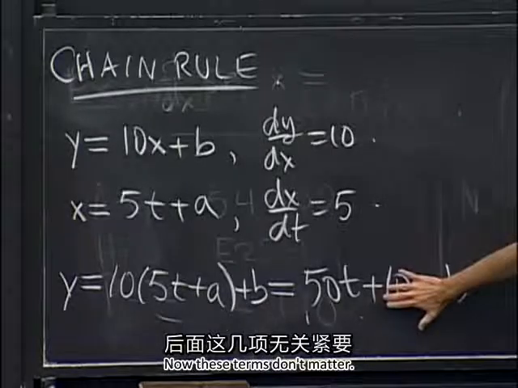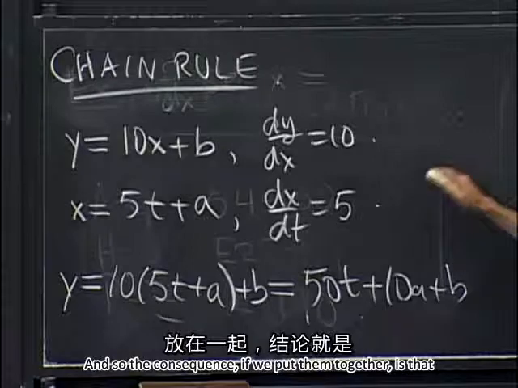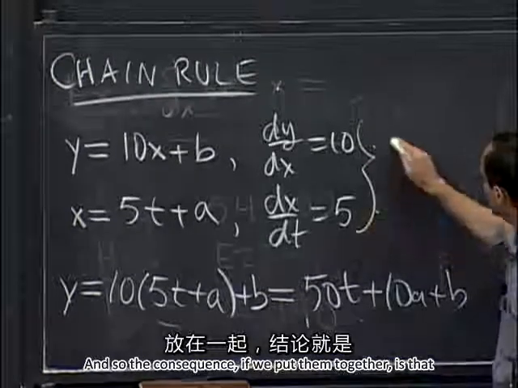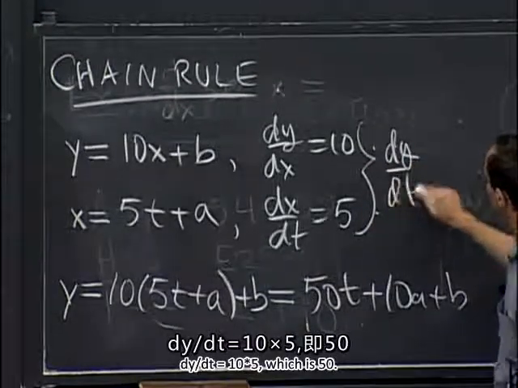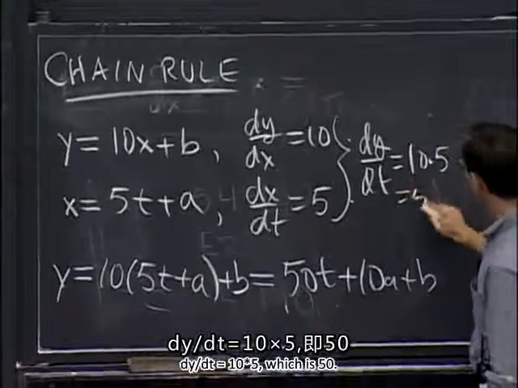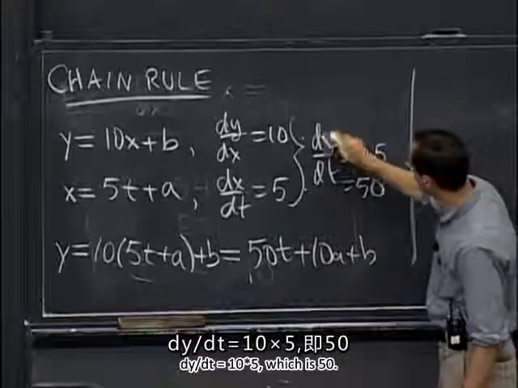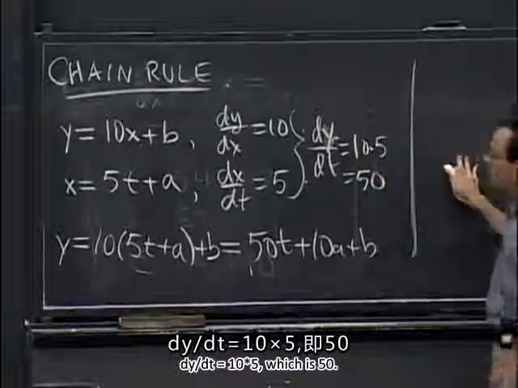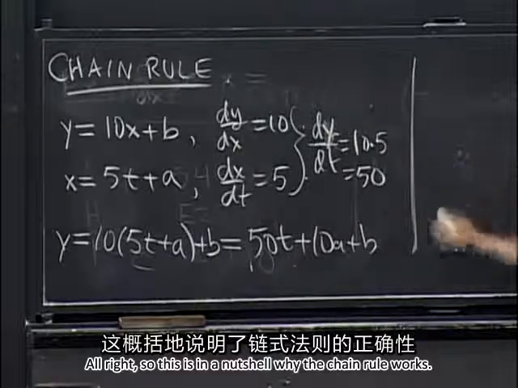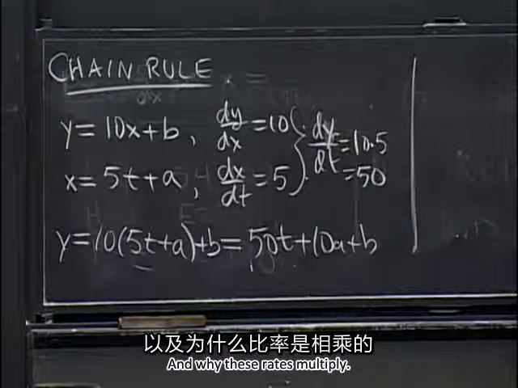Now, these constant terms don't matter. The rate is 50. And so the consequence, if we put them together, is that dy dt is 10 times 5, which is 50. All right, so this is, in a nutshell, why the chain rule works and why these rates multiply.